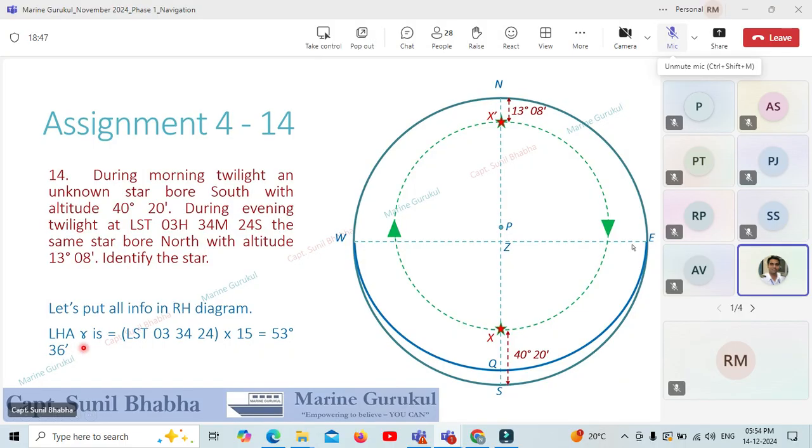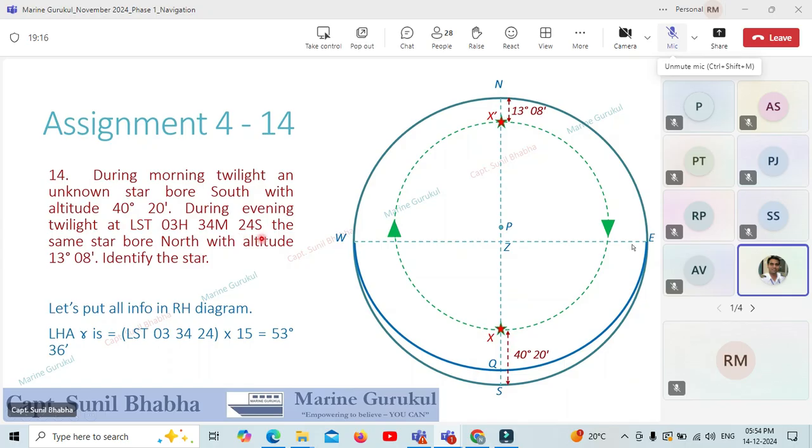Now the LHA Aries is obtained from the value of local sidereal time. As I told you, local sidereal time is the westerly hour angle of Aries measured from the observer's meridian. And this is in the units of time, 3 hours, 34 minutes and 24 seconds.